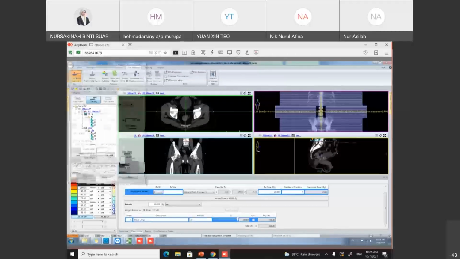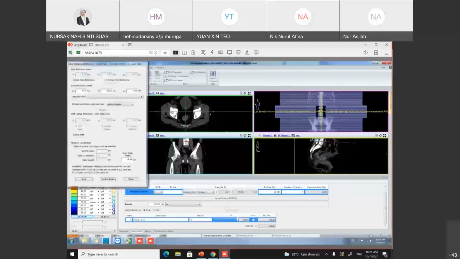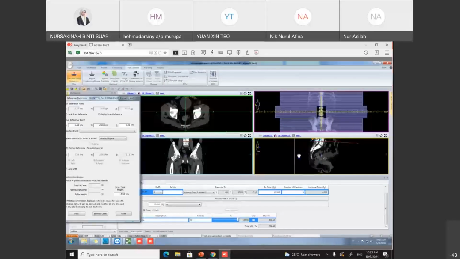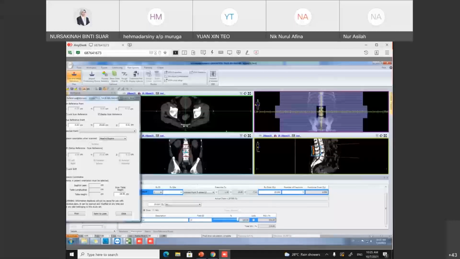For this case, my origin is at this slice, and my isocenter is here. The blue point is the origin and the red point is my isocenter. When we want to export the information to the radiographer, we need to tell them how much they need to shift from their origin to the planned isocenter.